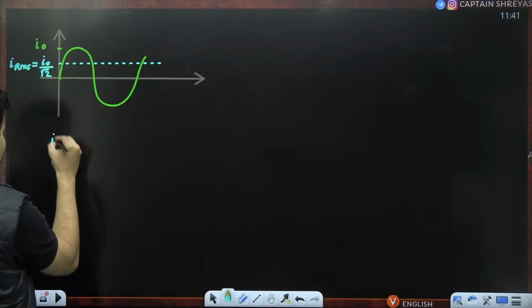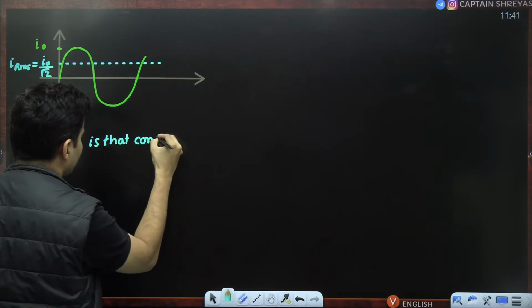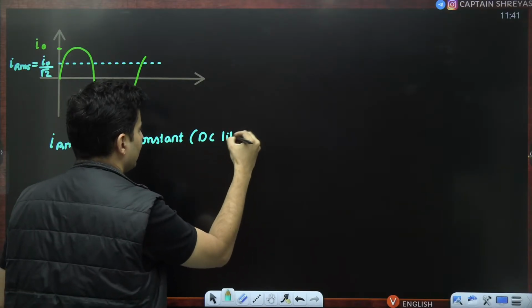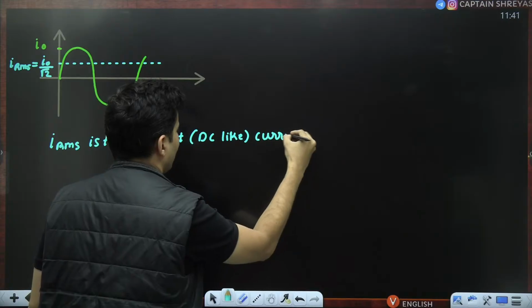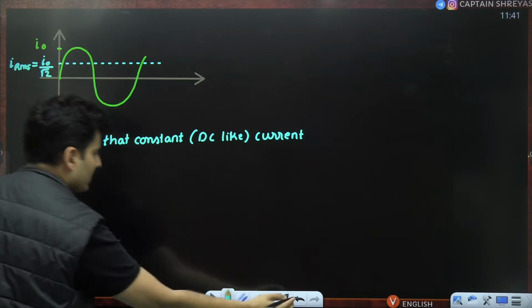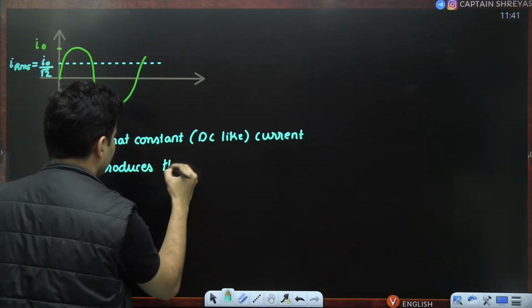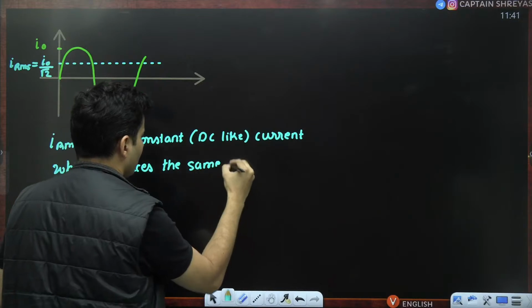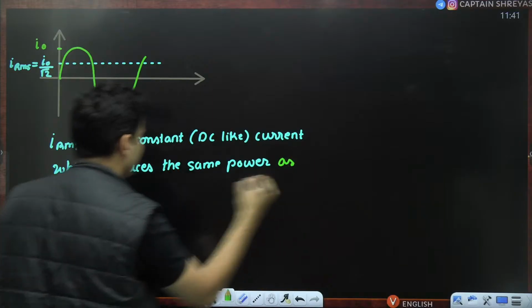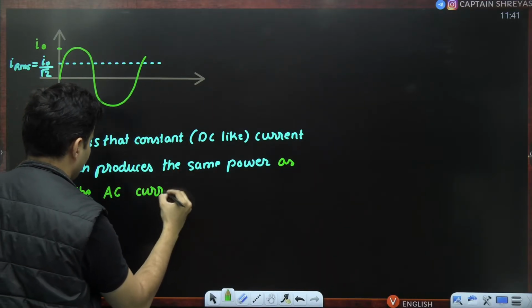So this IRMS is that constant, direct-like current, which produces the same power as the alternating current.